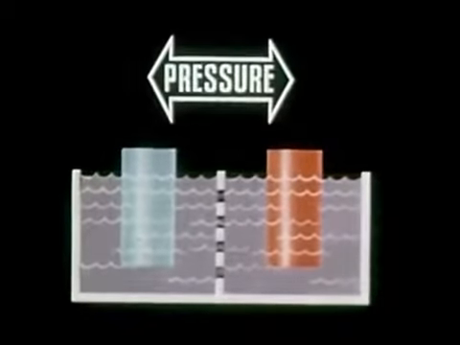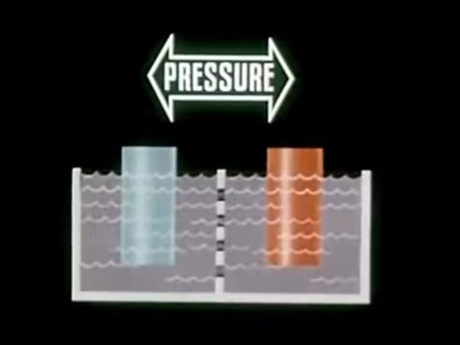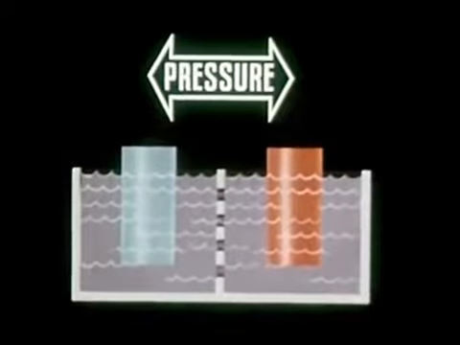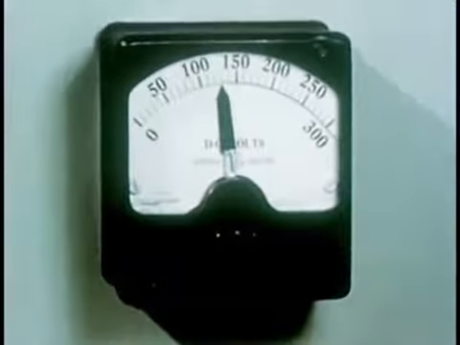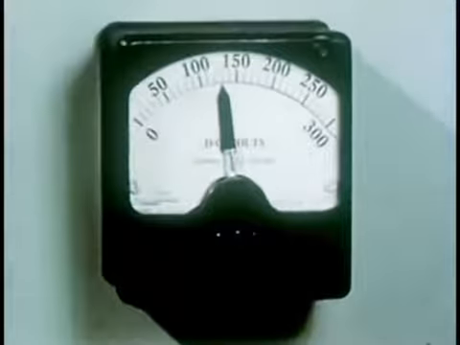And since this potential energy is a repelling and attracting urge caused by opposite charges, its force or pressure is equal to the difference in the charges. It is called the difference in potential or potential difference. The unit of pressure or potential difference is the volt.